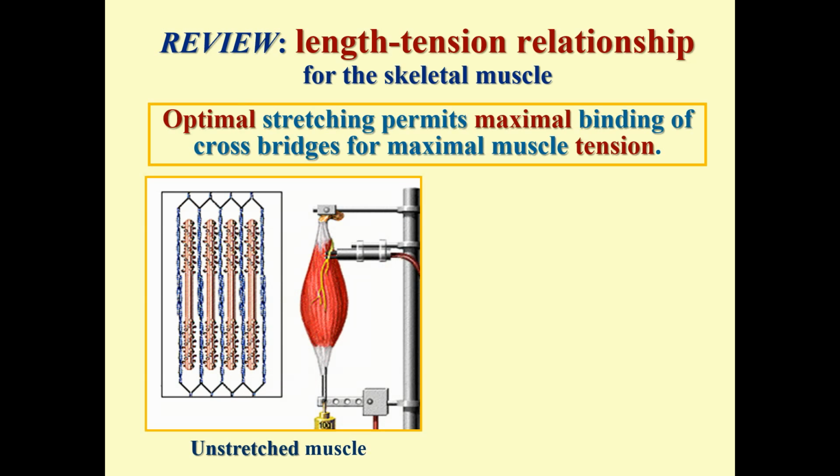Let's recall the structure of the sarcomere of the muscle. Here you can see unstretched muscle. Usually schematic pictures of the sarcomere do not show this overlapping of actin filaments in the middle of sarcomere, but really it can happen when muscle is entirely not stretched.